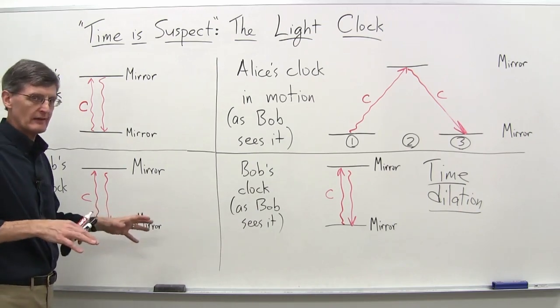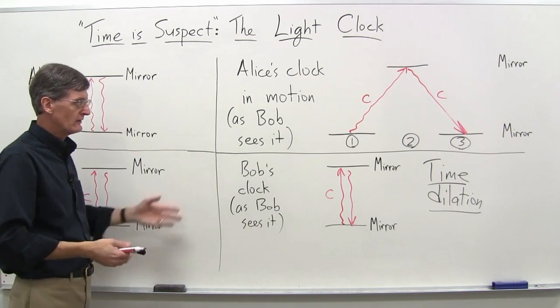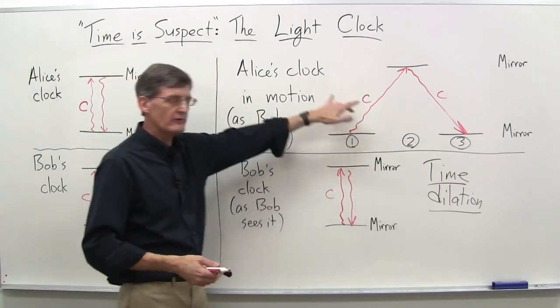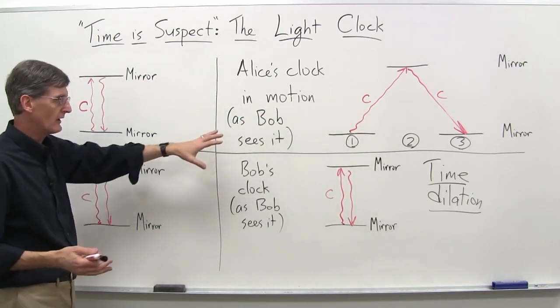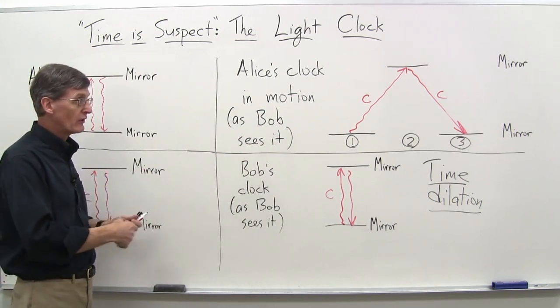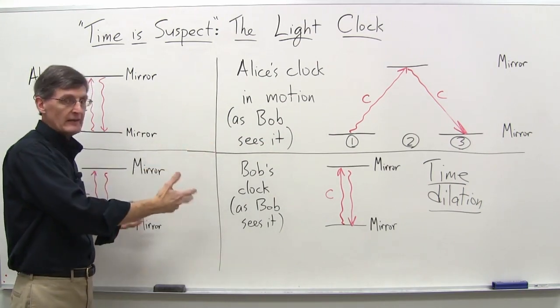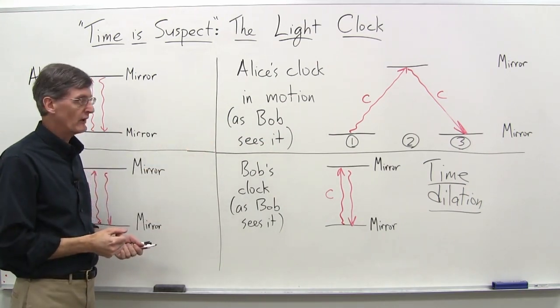Now, I can guess some of you are probably thinking, well, this light clock thing and this idea of time dilation, this is a very special clock, right? Real clocks probably don't work that way. Well, later on, we'll have an argument showing that if a light clock works this way, then any clock has to work this way.